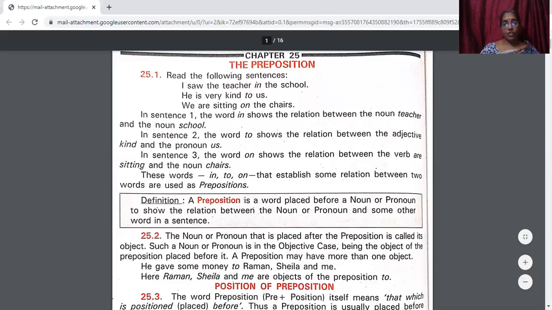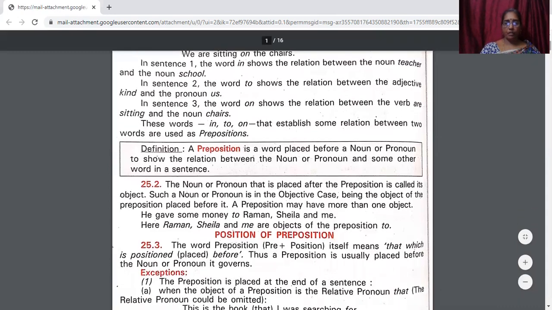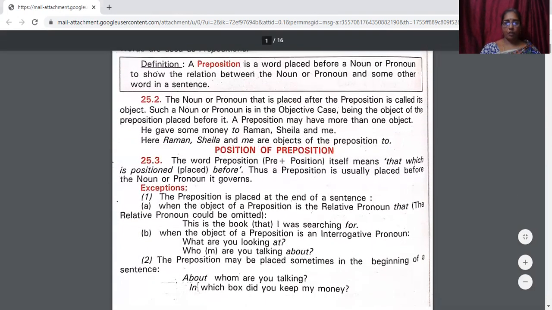The noun or pronoun placed after the preposition is called its object. Such a noun or pronoun is in objective case, being the object of the preposition placed before it.